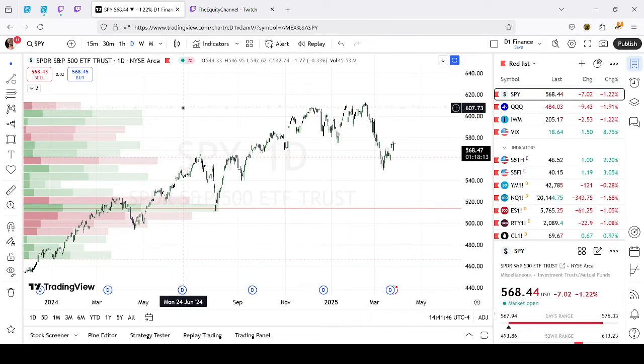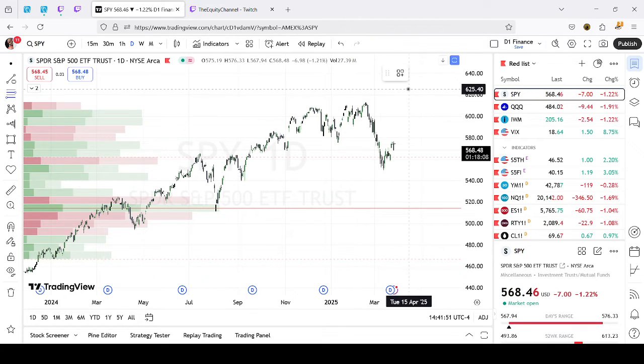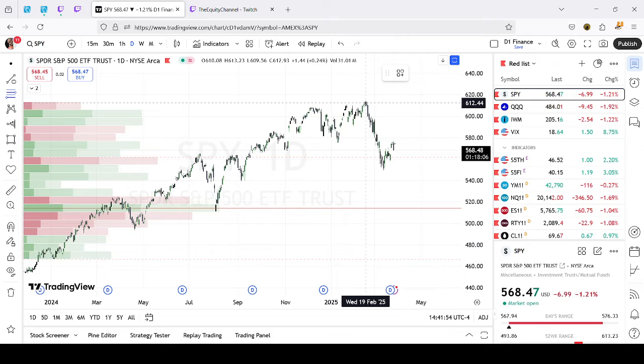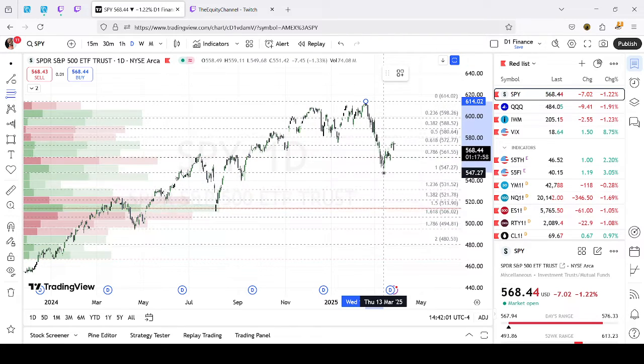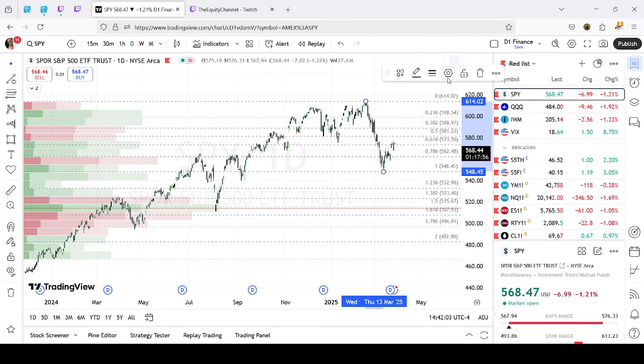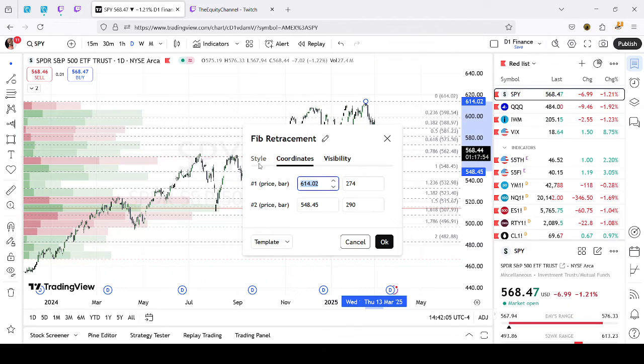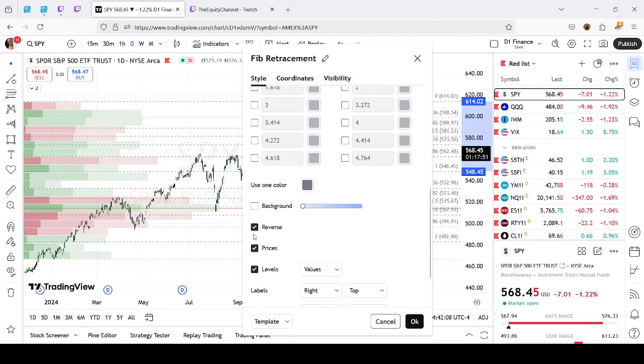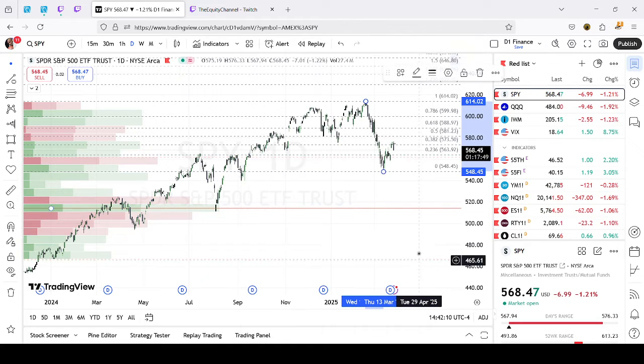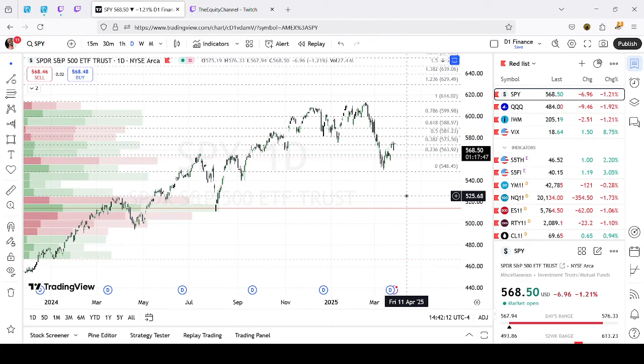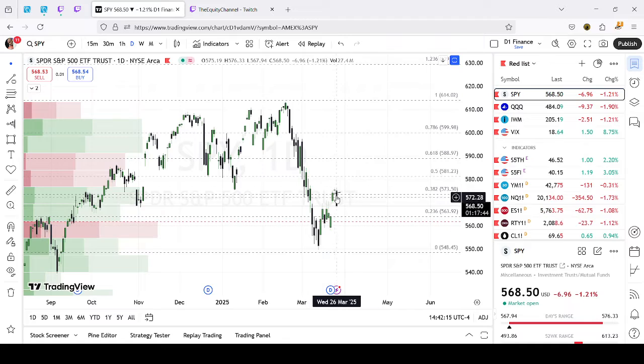By using a Fibonacci retracement, let's say from this all-time high to this most recent low, let's say, and I'm not going to get granular, this is what I did here, and let's reverse this. Then I see where the market can retrace to, and as you can see, we were just at one of those levels yesterday.